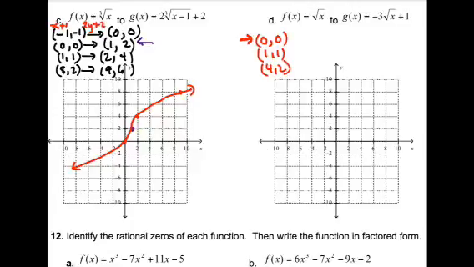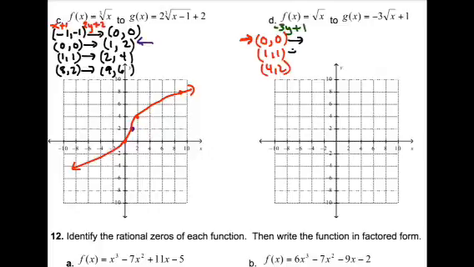Now, the transformations here, I'll make in green. It's going to be h is 0, so nothing changes. And b is 1, so again, the x stays the same, but the y is negative 3y plus 1.